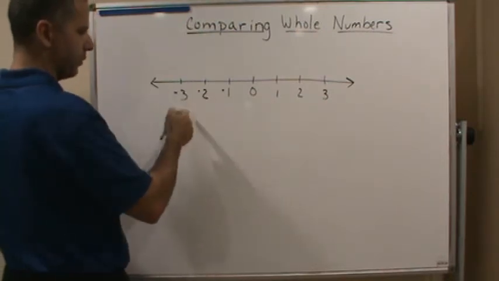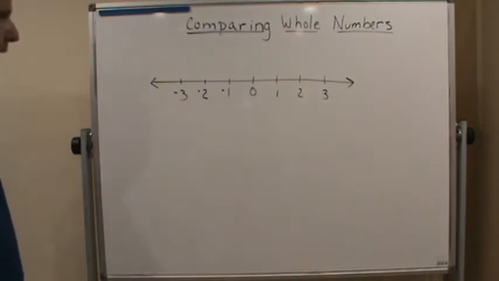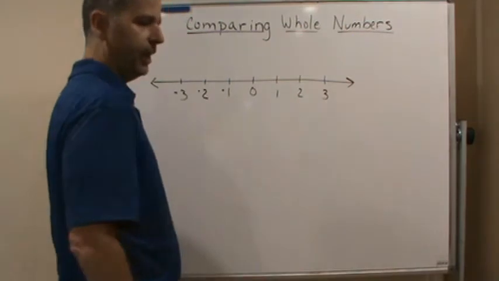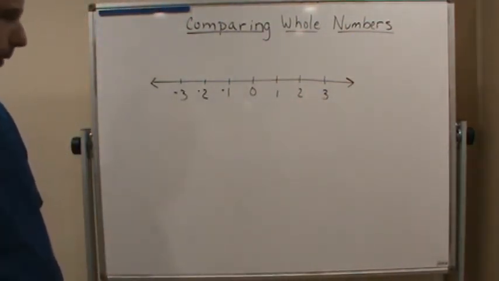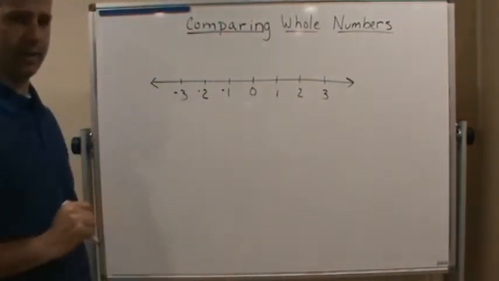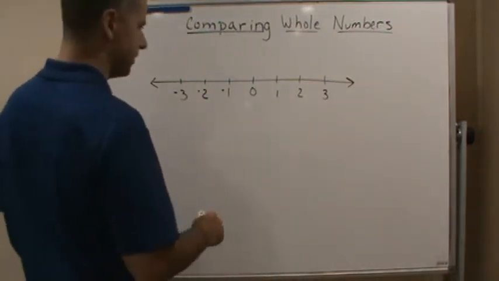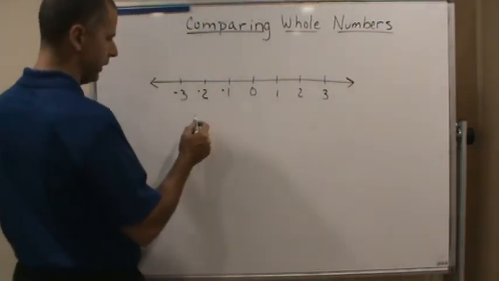So if we take two values, let's say 1 and 3, then we know that 3 is going to be greater than 1, or 1 is going to be less than 3. This gives us an idea of another group of symbols called the inequality. The inequality tells us the comparison between two values. So there are two inequalities.